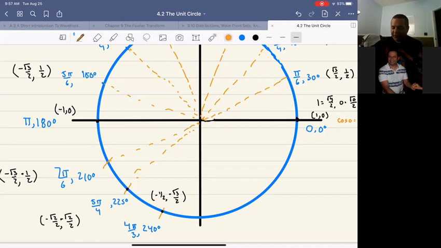Down here, this is going to be 270 degrees or 3 pi over 2. And the point is, of course, 0, negative 1.